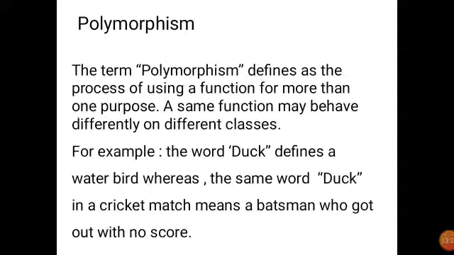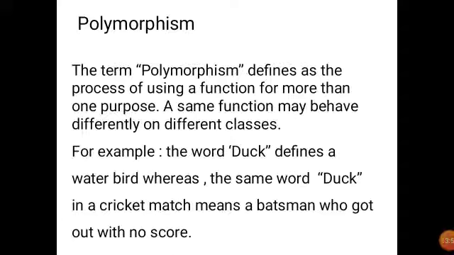So, the next principle is polymorphism. The term polymorphism defines as the process of using a function for more than one purpose. A same function may behave differently on different classes.